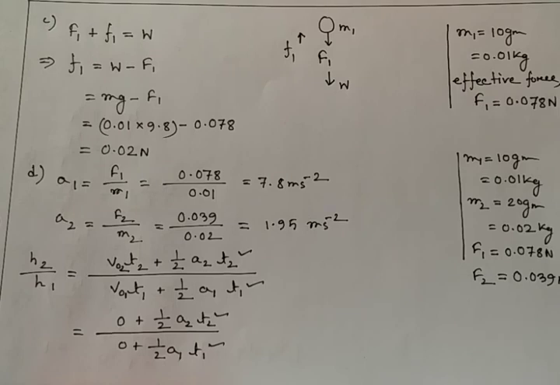As the objects are released from rest, their initial velocity will be 0 for both. That means v01 and v02 will be 0 here, and applying these values in this equation, we will get h2 by h1 equals half a2 t2 square divided by half a1 t1 square.